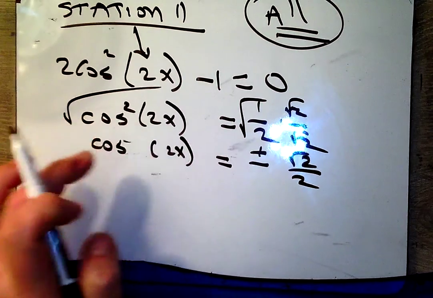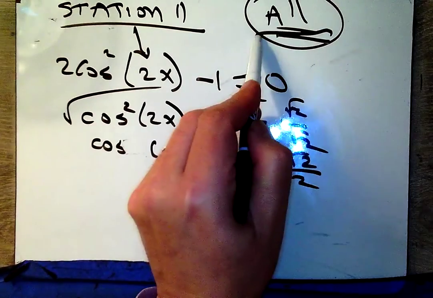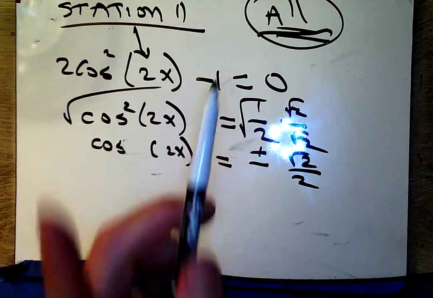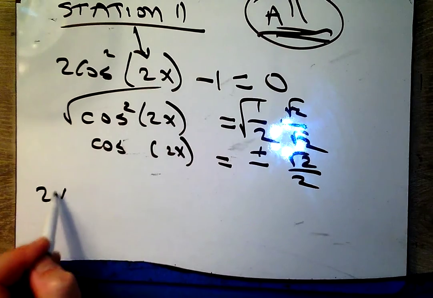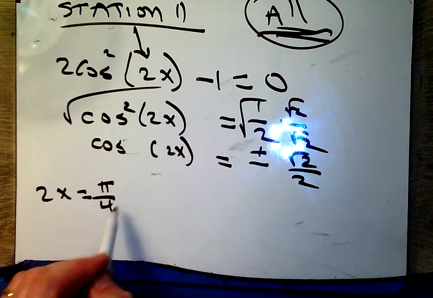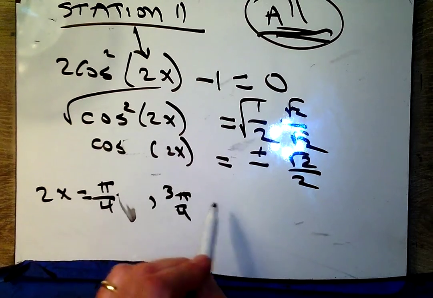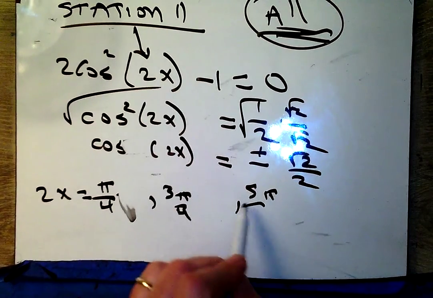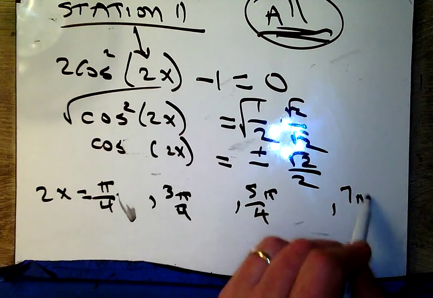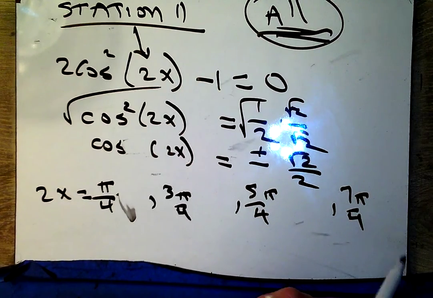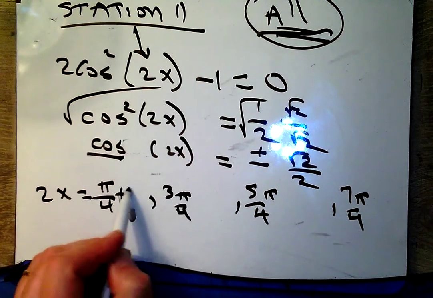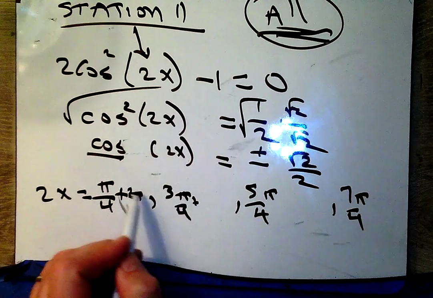Oops, and we took the square root already. All right, now since this is all, I'm only going around once. So 2x equals pi over 4, 3 pi over 4, 5 pi over 4, 7 pi over 4. And because we're talking about cosine, we want to slap on these plus 2 pi n's.